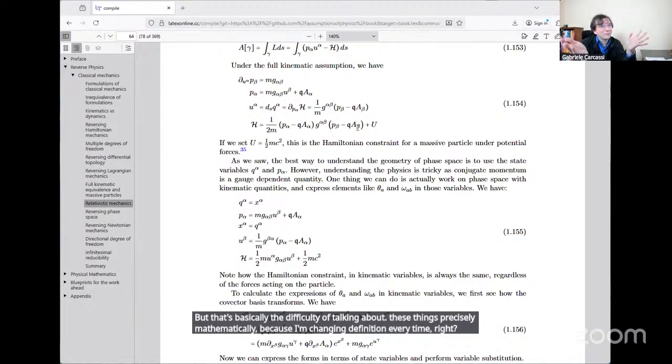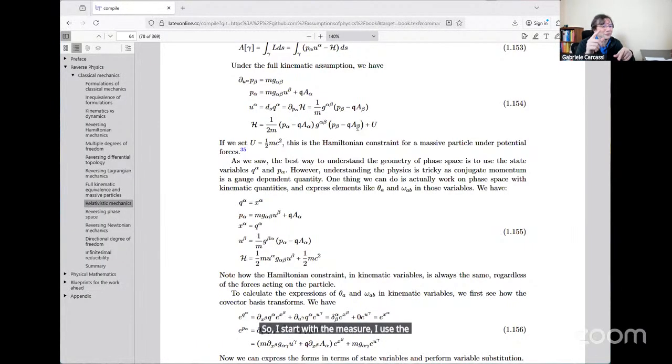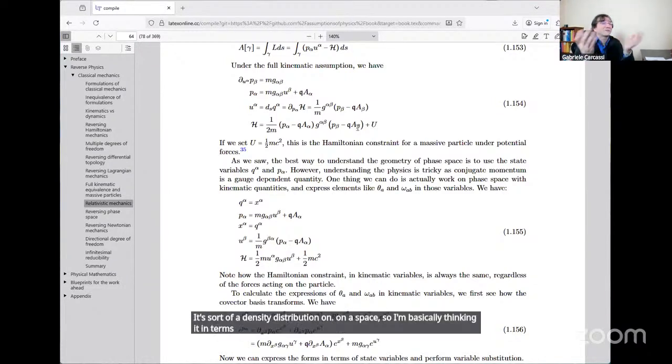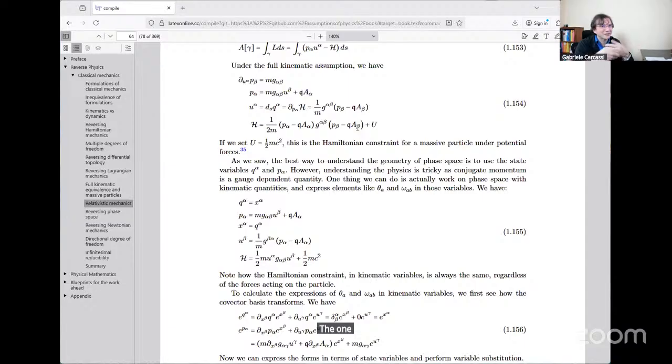So I start with a measure, I use the Radon-Nikodym derivative to define this density, but then when I'm evolving the density, I'm thinking of a density distribution on a space. So I'm basically thinking in terms of just differentiable calculus. But then when I'm talking about the one form, the two form, the symplectic form, I'm using definitions from differential geometry, right?